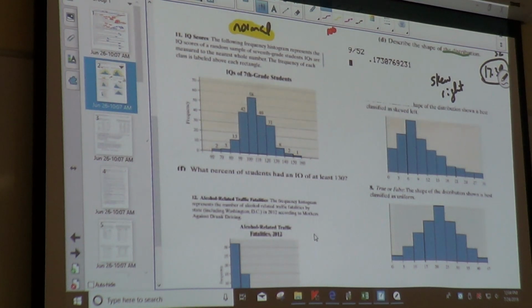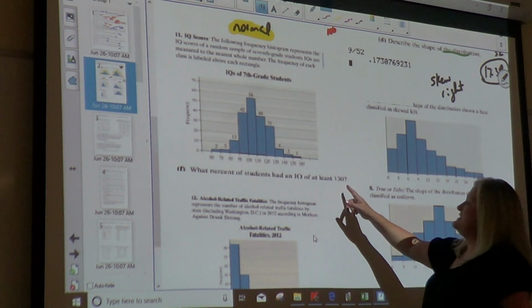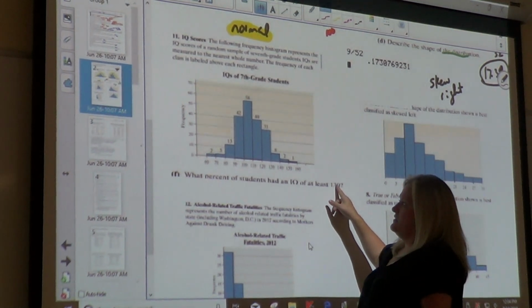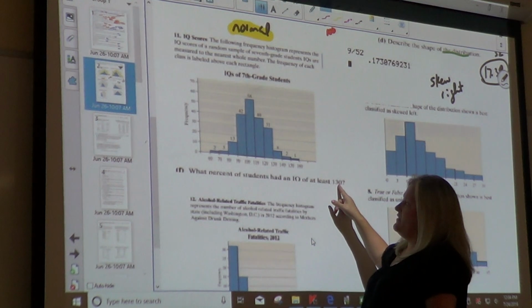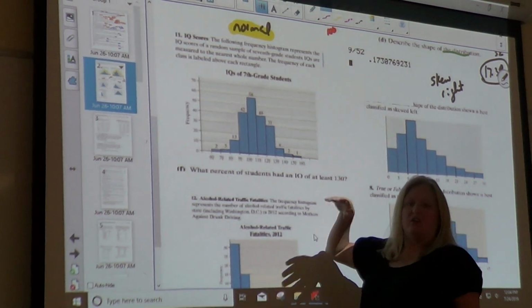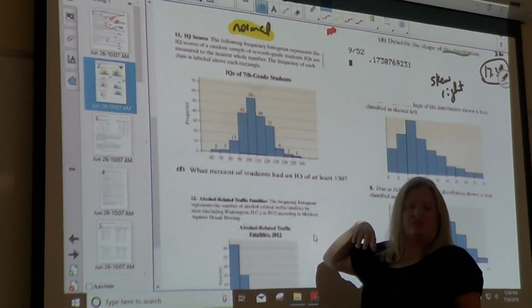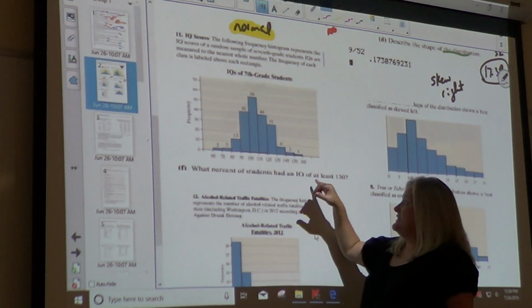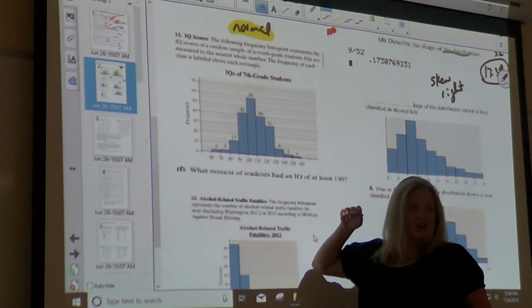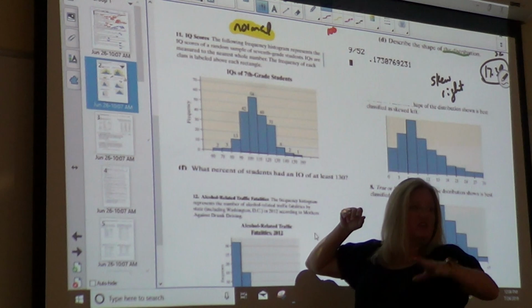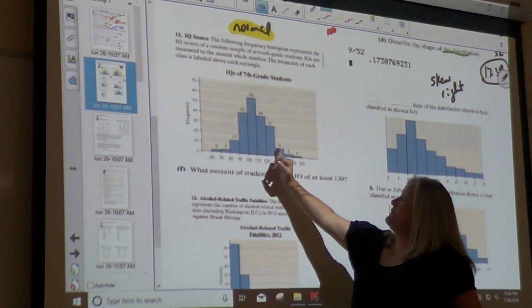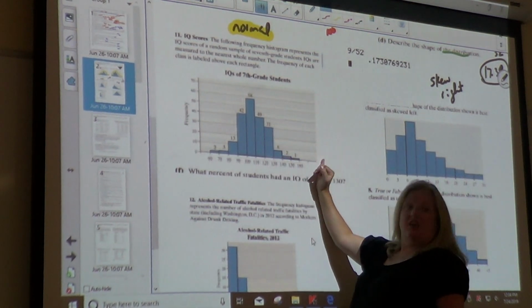All right, this next one says, what percent of students had an IQ of at least 130? At least 130. So is it going to be 130 or more, or is it going to be less than 130? At least, so if I have at least $130 in my pocket, I have $130 or more. So I'm going to start here and go.